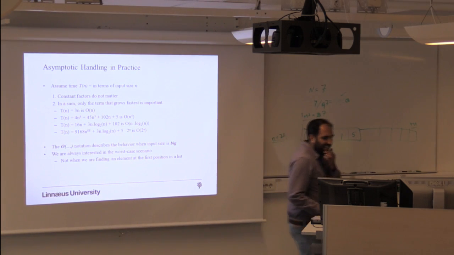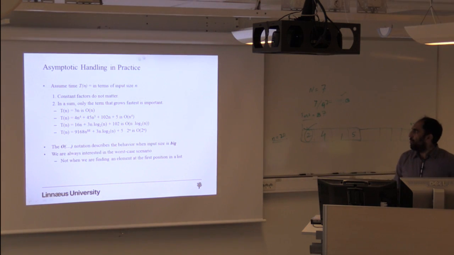And also, if you have a time complexity expressed as a sum of several different expressions, in that case we will take only the part that takes more time, the higher time. That shows the computation that takes more time.